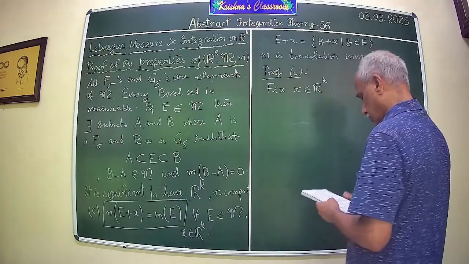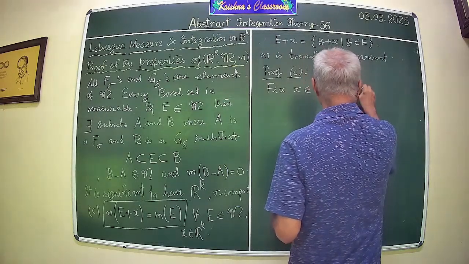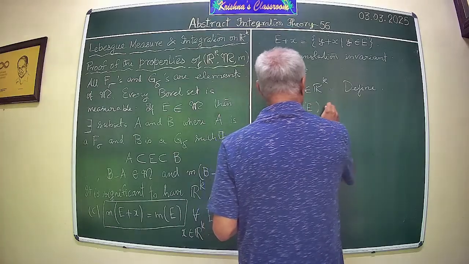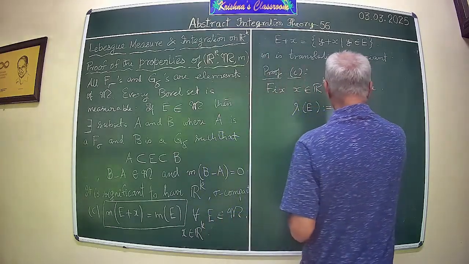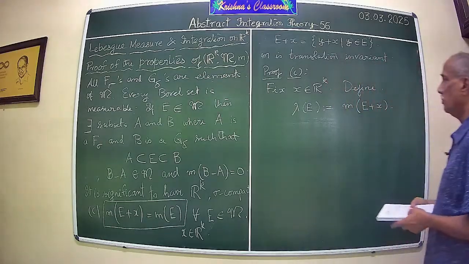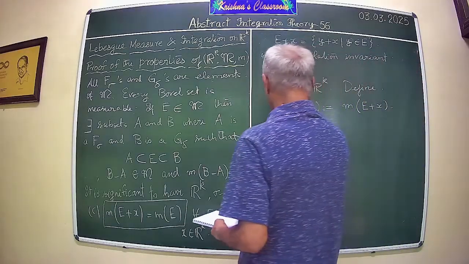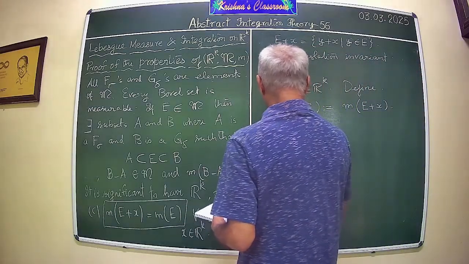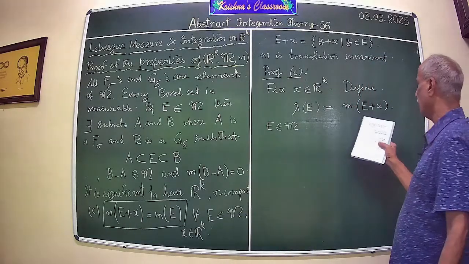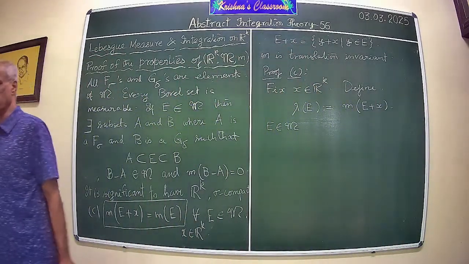Define lambda of E to be equal to the measure of E plus X. Now you see that this is well defined, because E belongs to M, E plus X is therefore measurable, and m of E plus X is a non-negative real number.